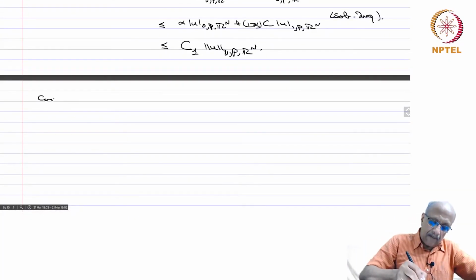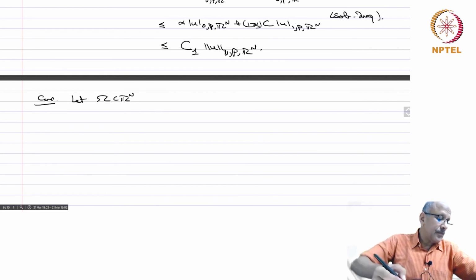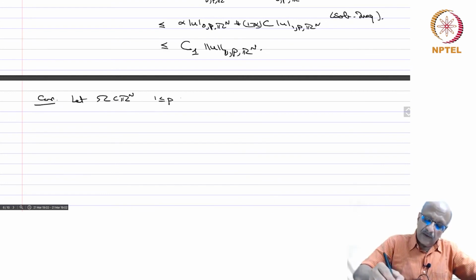Next corollary: let omega be contained in Rn and 1 less than or equal to p strictly less than n.